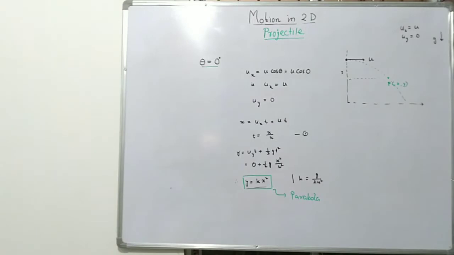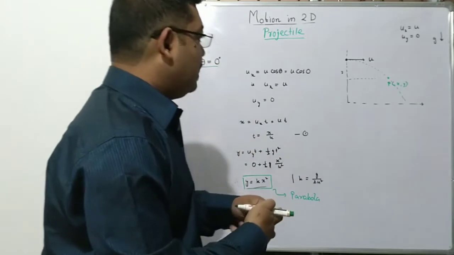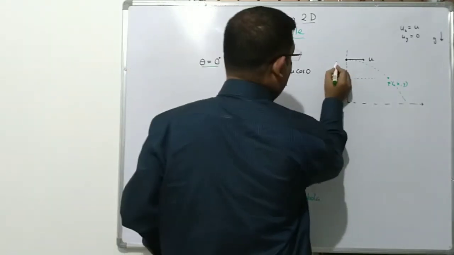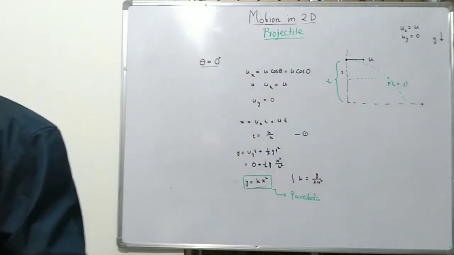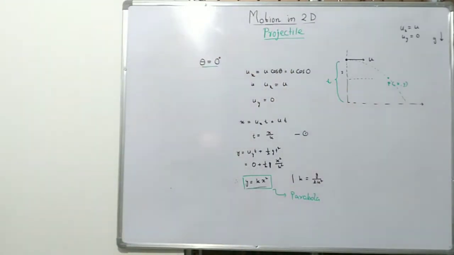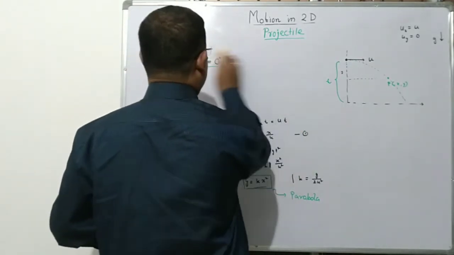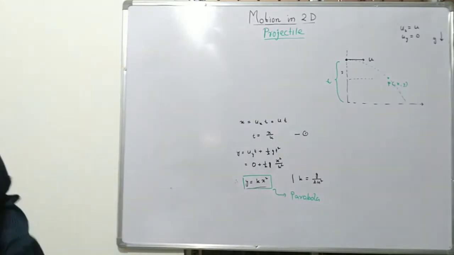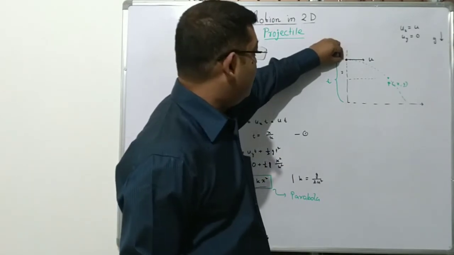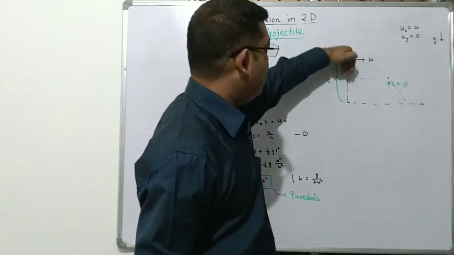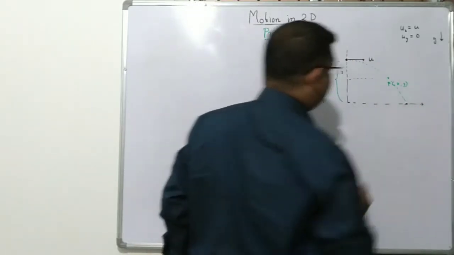Okay. Now let us assume that at the point of release, the object was at a height of h. In that case, if we consider the y motion, the initial velocity is 0, and then it accelerates under gravity and reaches the ground level at this particular point.